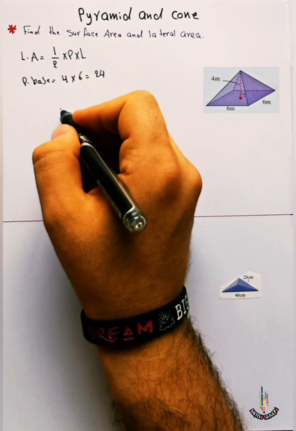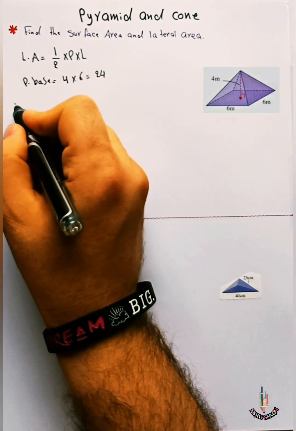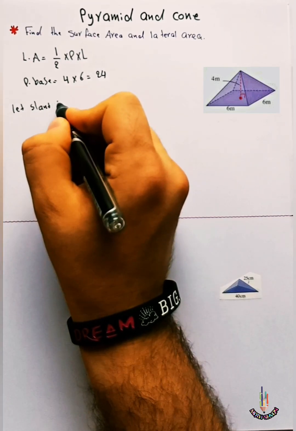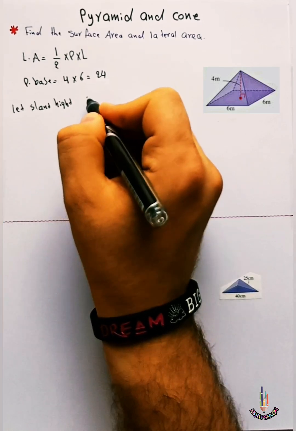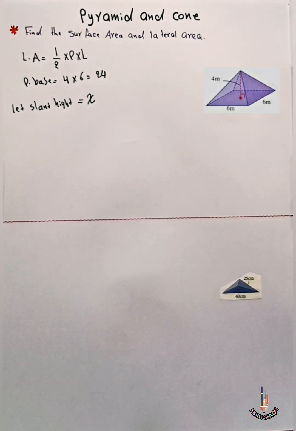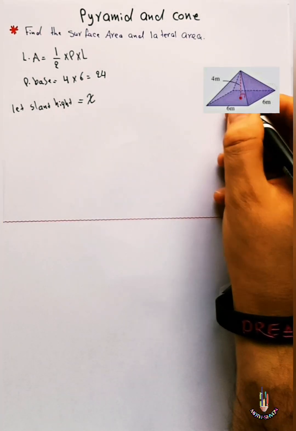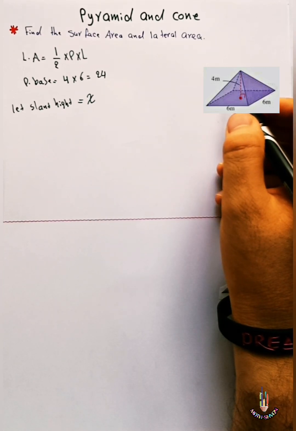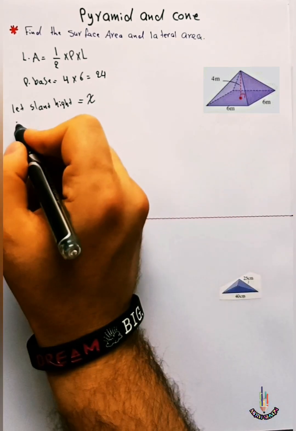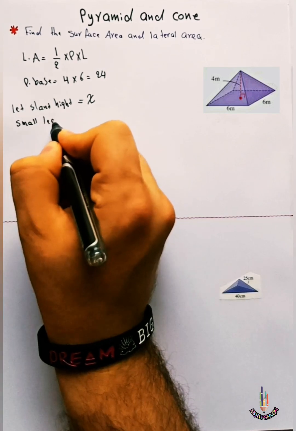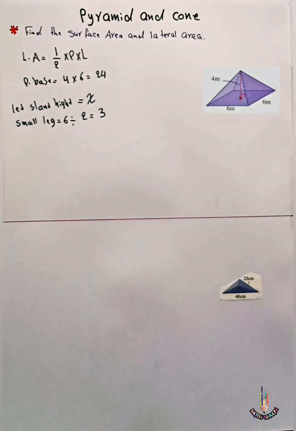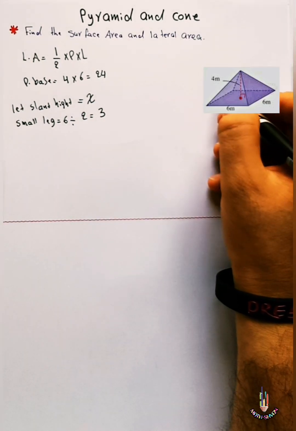After that we need to find the slant height. So let the slant height be x. After that, in this triangle, the small leg is 6 divided by 2, which is 3, and the large leg is 4.